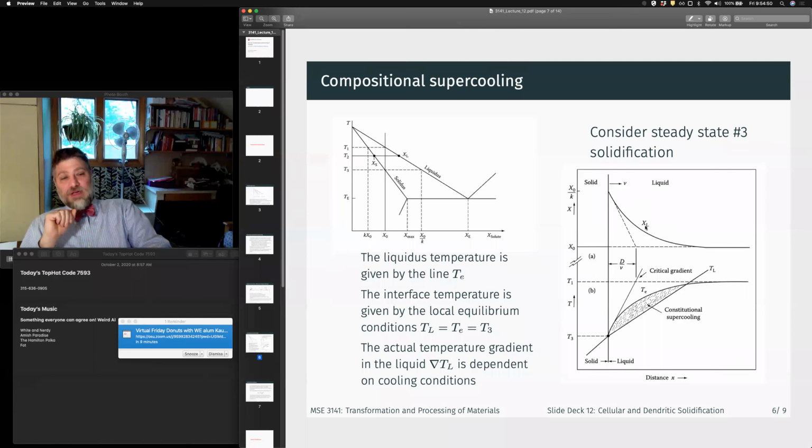So now we've got an undercooling that varies with position. We have a low undercooling here and a high undercooling here. So what's going to happen if I get a tiny little bit of a protrusion on this interface?